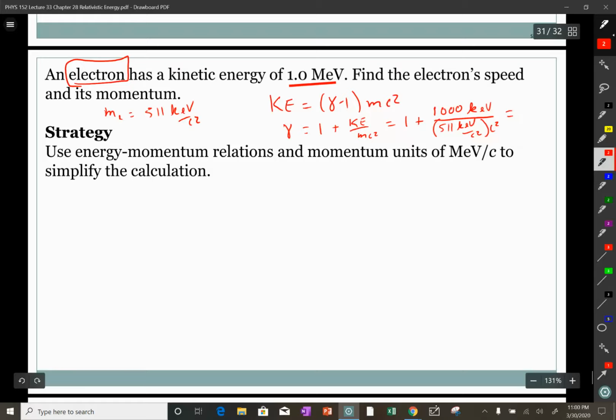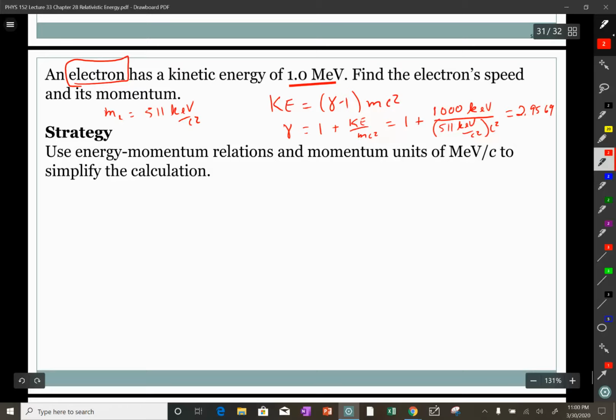Well, this is almost 2, so 1 plus almost 2, it better be almost 3, and it comes out to be 2.9569.